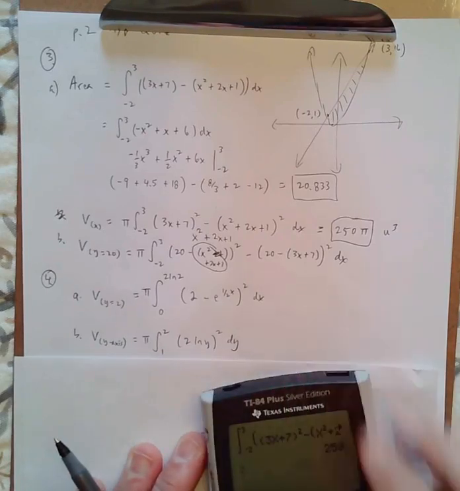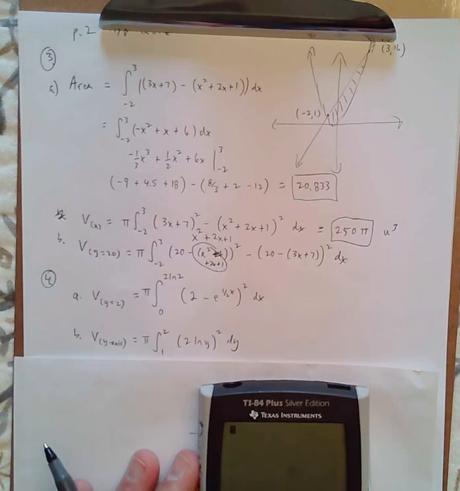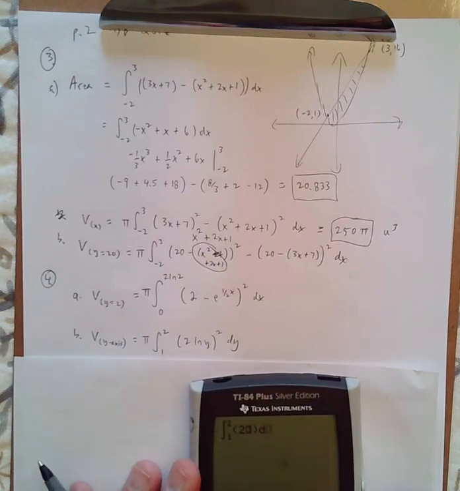But remember, with the calculator here, you're going to go from 1 to 2, right? No problem there. But then it's 2 ln x, okay, squared.